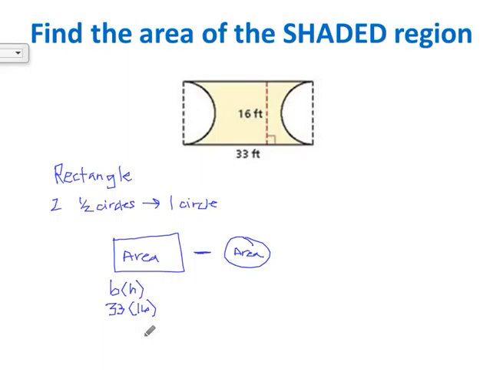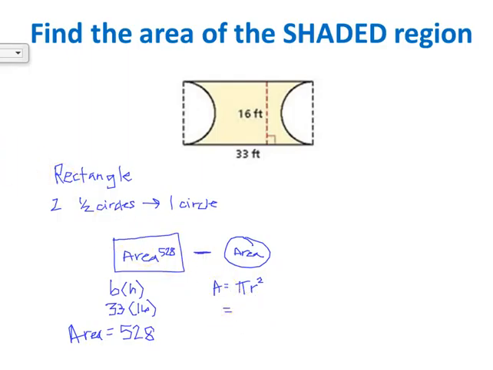So what's that give us as a total area? 33 times 16 is 528. So that is the area of our rectangle, 528 units squared. What about the area of our circle? Area is pi r squared. Do we have a radius?